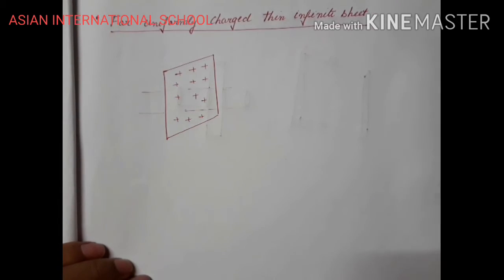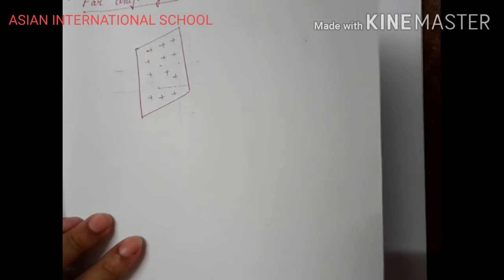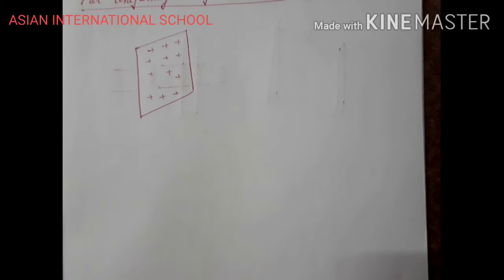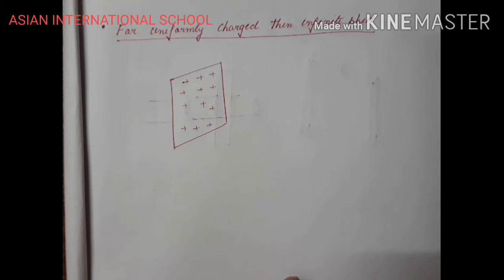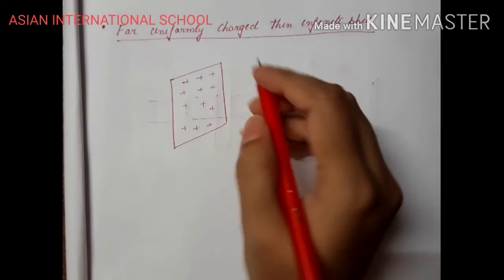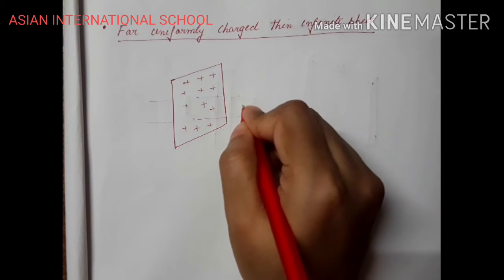Charged sheet means, suppose this paper is being charged and we have to calculate electric field at point P for this particular paper having negligible thickness or no thickness at all. We are not considering the thickness. It is so thin that it has negligible thickness. Okay, and we have to calculate the electric field at point P.